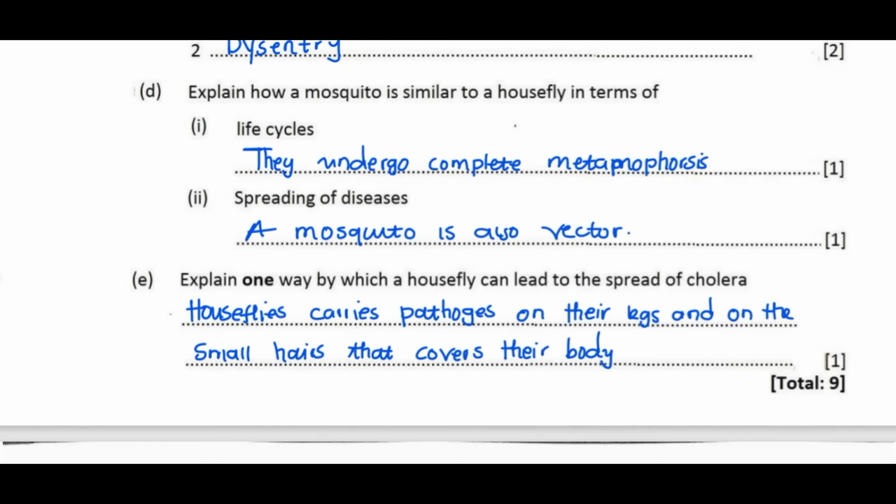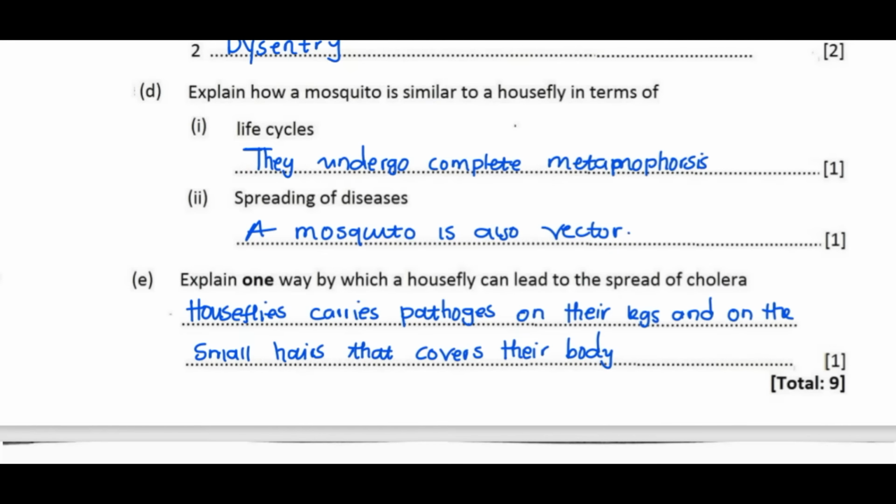Then as it moves from a substance that is decaying or rotten to maybe a plate of food that is uncovered, then the pathogens will be transmitted in such a manner. Then also the key point is a mature housefly will use the saliva to liquefy solid food before feeding on it.